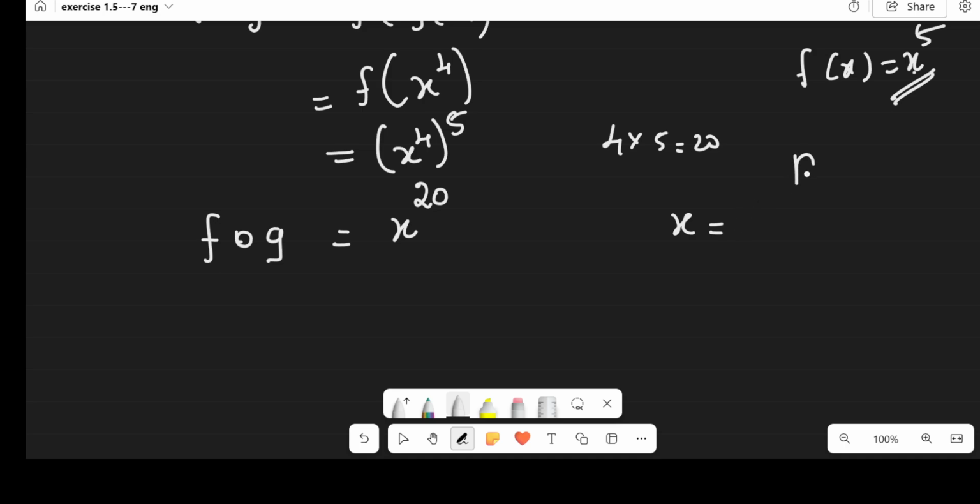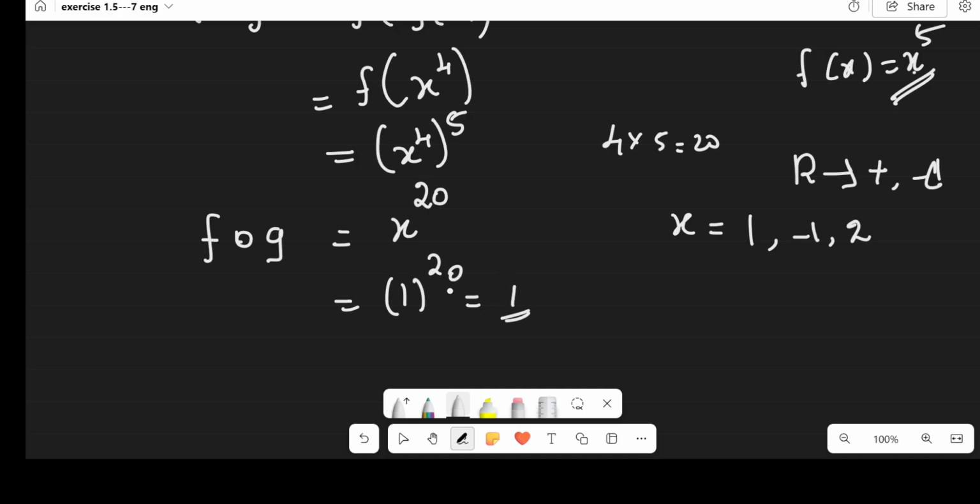Like real numbers means it includes plus, minus, everything. So I'm giving 1, minus 1, 2, the same thing I have done before. Here for x I'm giving 1 first. 1 power 20 we will be getting plus 1, right? This is an even number, so definitely I will be getting plus.